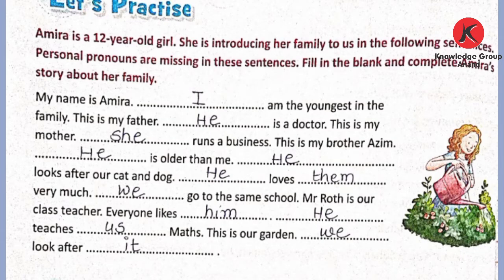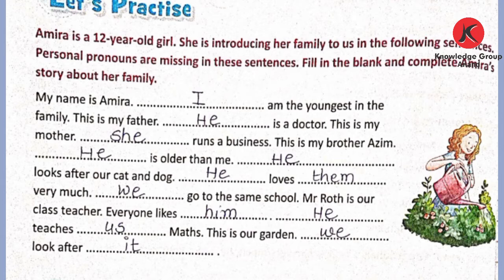Now let us go through the exercise on page number 42. Dear students, I have explained to you in my video what is pronoun and types of pronoun. We learned personal pronoun, what is subjective and what is objective pronoun.